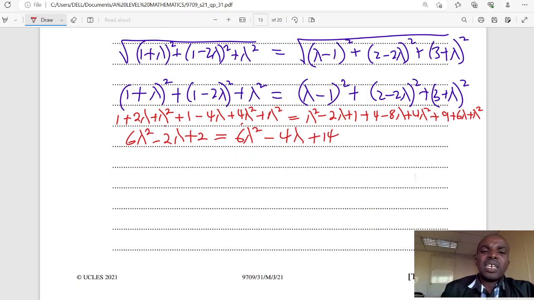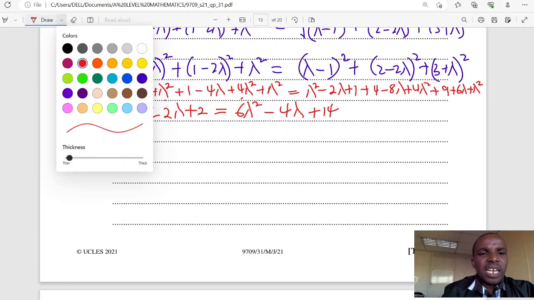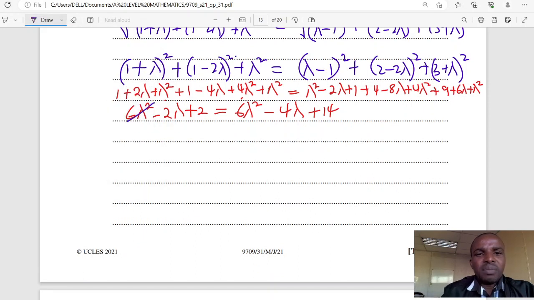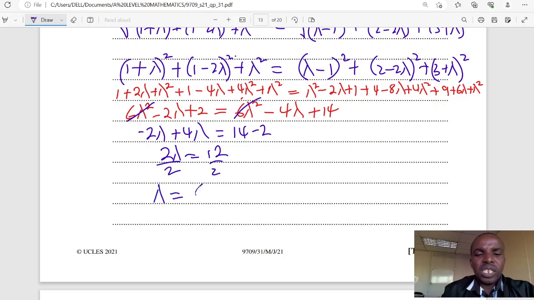If you check, the 6 lambda squared on both sides cancel out. We'll be left with minus 2 lambda plus 2 equals minus 4 lambda plus 14. Collecting like terms, 2 lambda equals 12. Then divide by 2, you get lambda equals 6.